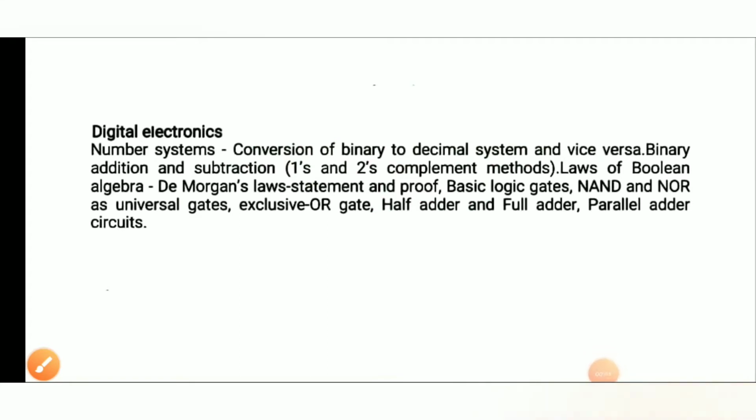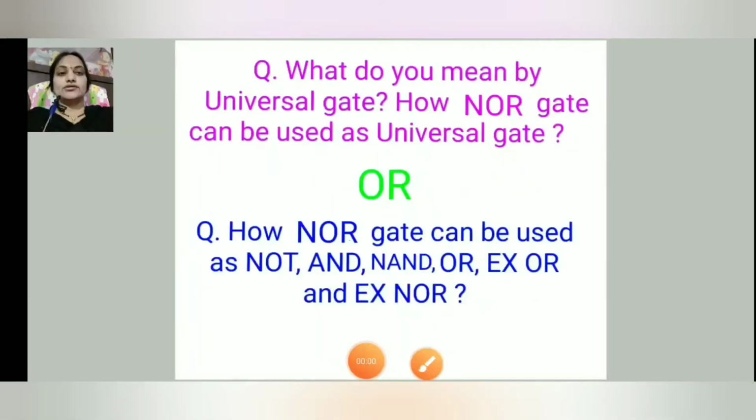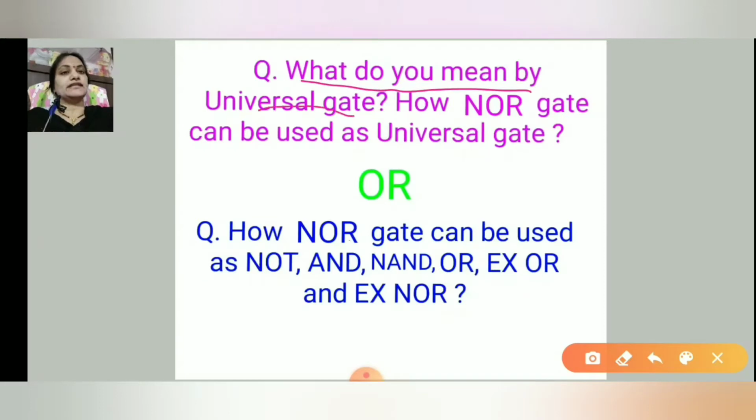Friends, these are the topics in the digital electronics lesson. Today I am going to complete NOR as universal gate. So, students, regarding this topic, we are having the questions like this. What do you mean by universal gate?